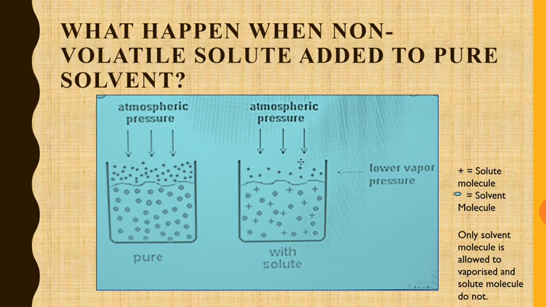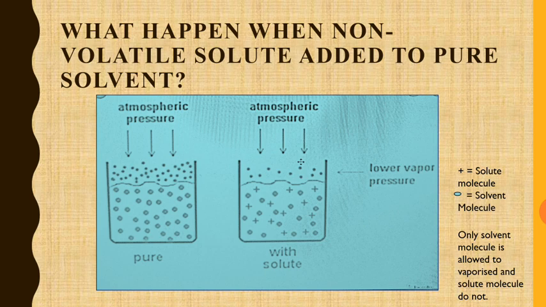Those dots are nothing but atmospheric pressure, and the bubble-like structures inside the beaker are nothing but molecules of vapor. So when the beaker contains pure water and we heat it, it generates molecules of vapor, and the amount of vapor formation is very large.